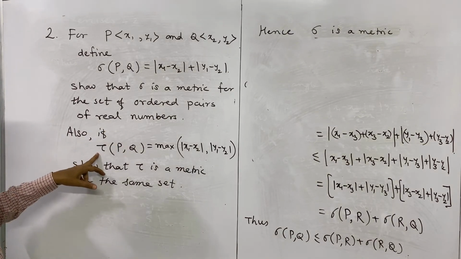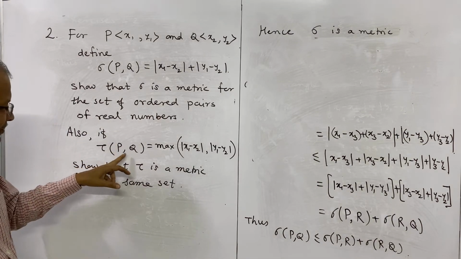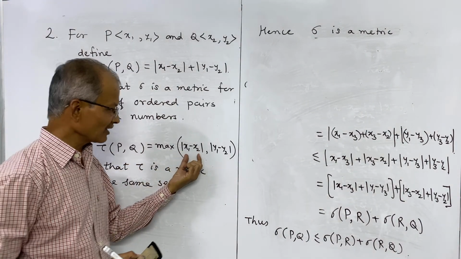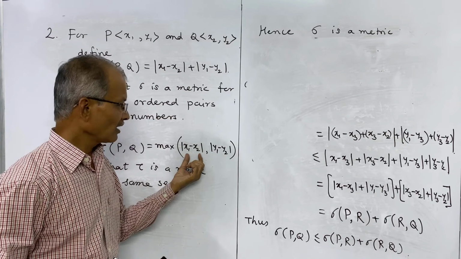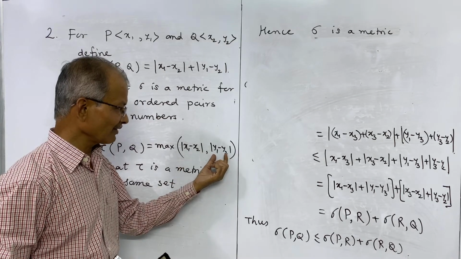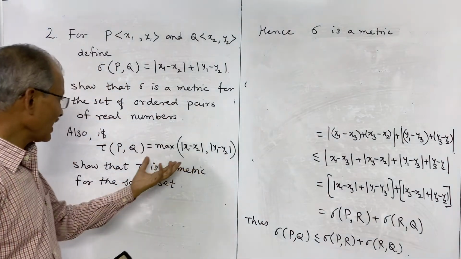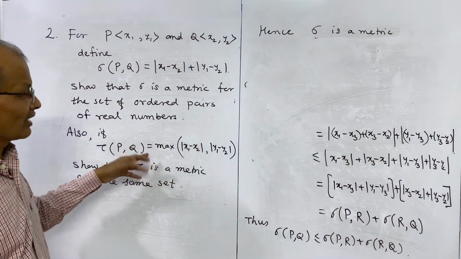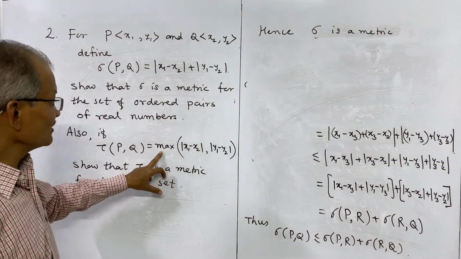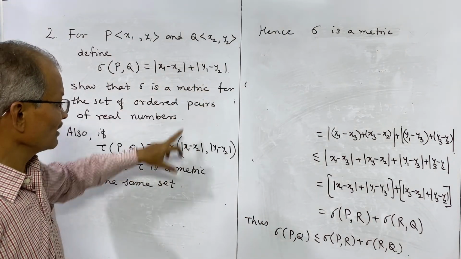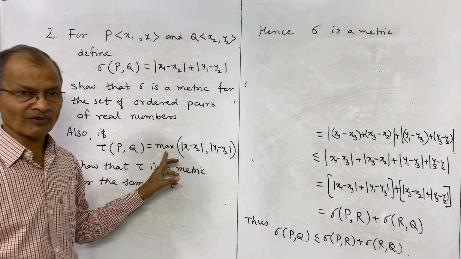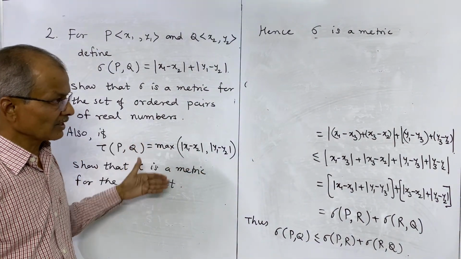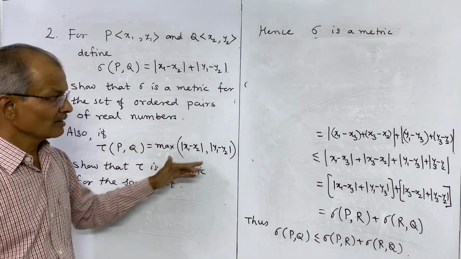Now see, the second example is tau of P and Q is maximum of absolute difference of x1 and x2 and absolute difference of y1 and y2. So this can be proved in a similar manner. I think you can try this yourself. Instead of the addition here, it is taken as the maximum value between these two, and the properties can be verified exactly in a similar way.